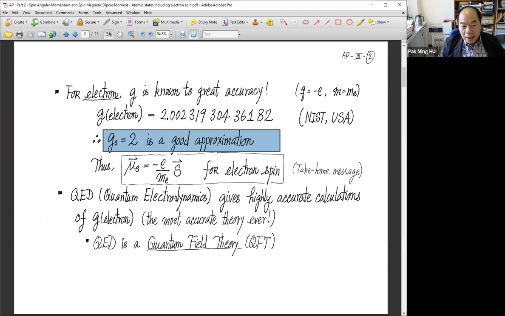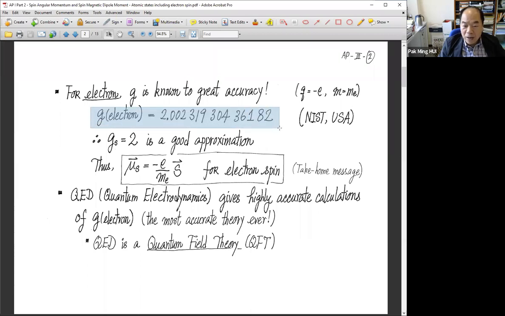But let me tell you that this g is a very important number in the development of physics, because the discovery of spin started something related to relativistic quantum mechanics. Spin comes out most naturally from the relativistic theory of an electron.